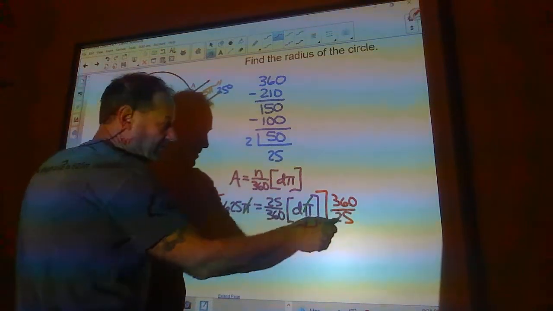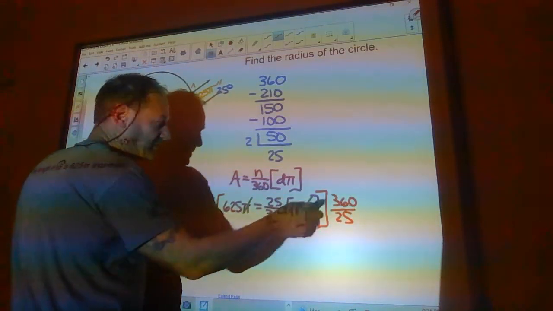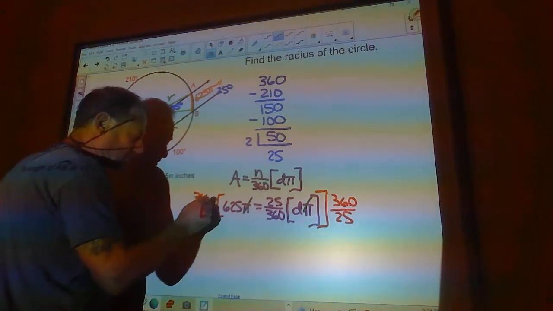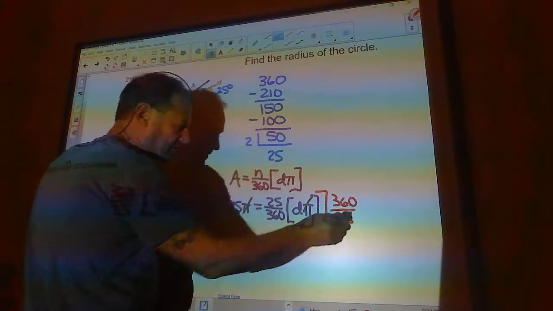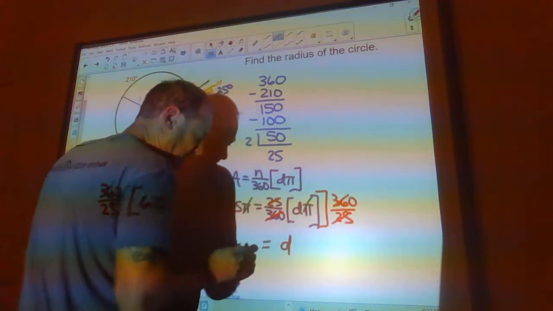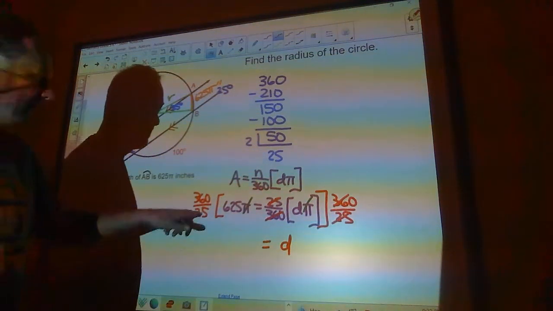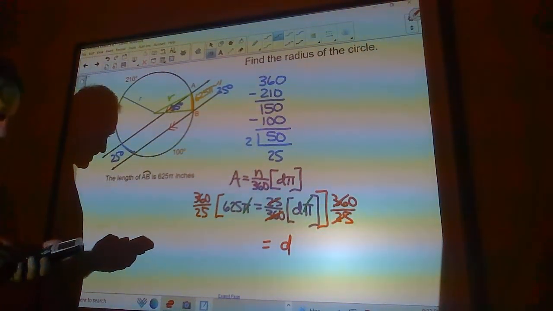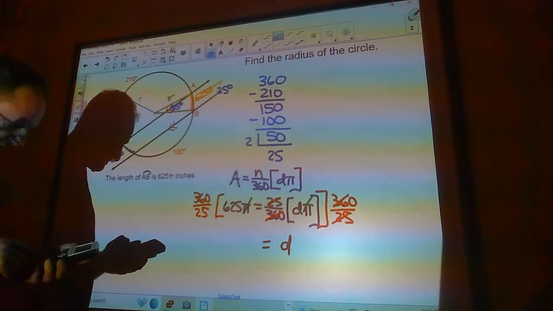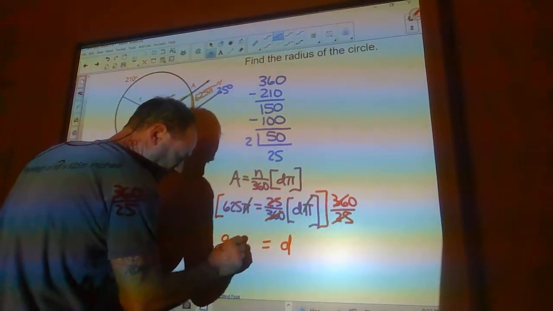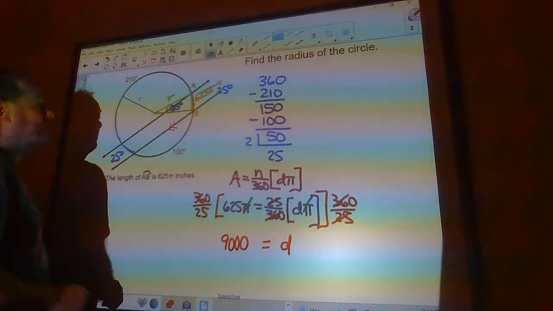On this side of the equation, the 25 is going to cancel the 25. The 360 is going to cancel the 360. Okay, remember, do unto one side as you do unto the other. So this is going to cancel this. This is going to cancel this. It's going to leave me with D over here. Over here, I'm going to get 625 times 360 divided by 25. That comes out to 9,000. It's a nice number. 9,000 what?